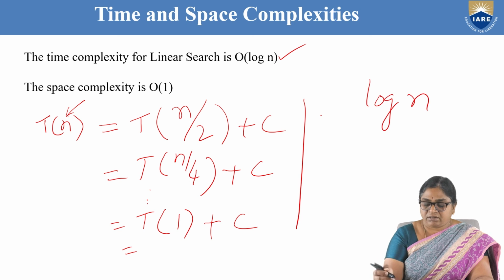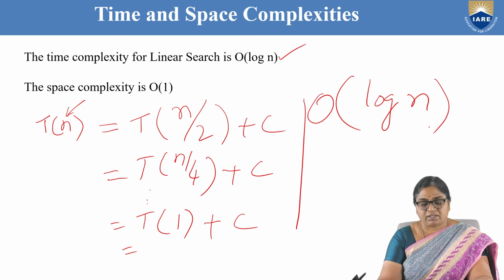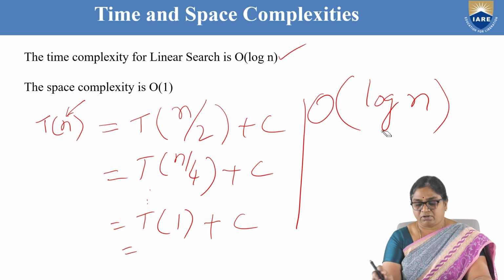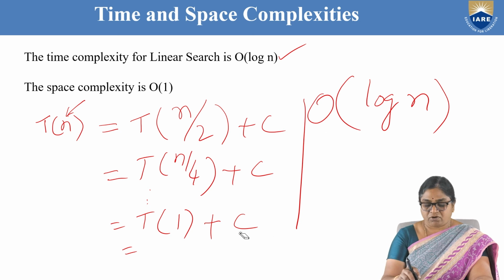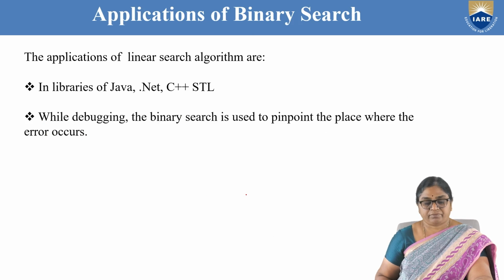In computer notation, we represent that as order of log n. The time complexity for binary search is order of log n, and the space complexity is 1.